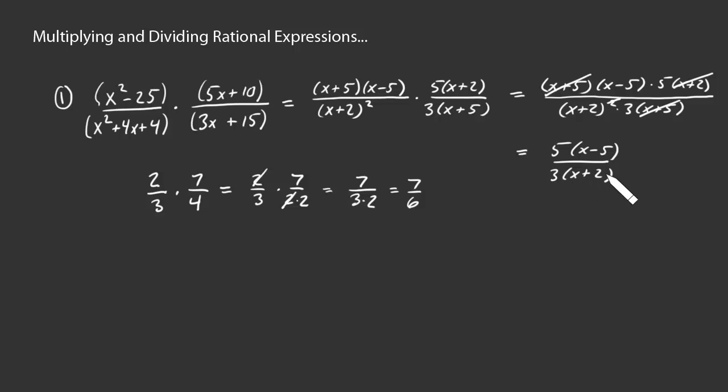That's the reduced factored form for this product, which is probably what we want. In some occasions you might have to expand that out. 5x minus 25, distributing the 5 across the top, over 3x plus 6, distributing the 3 across the bottom. Either one of those two things is fine. Again, in practice you'll more likely want to end up here.